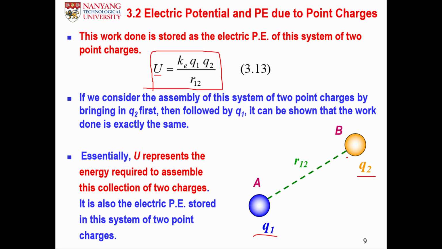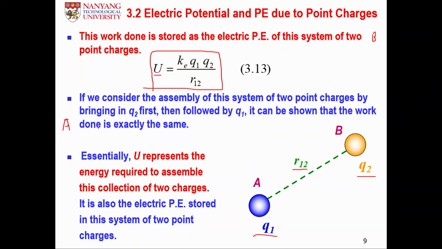Now we move these two charges from infinitely far away to a certain location with a distance of R12. Initially you have A somewhere here, B somewhere here, considered infinitely far away, and at this state the potential energy, of course, is 0.